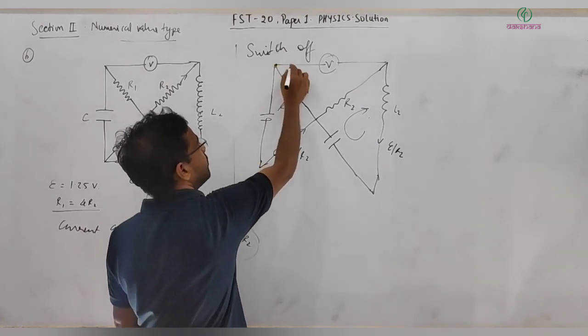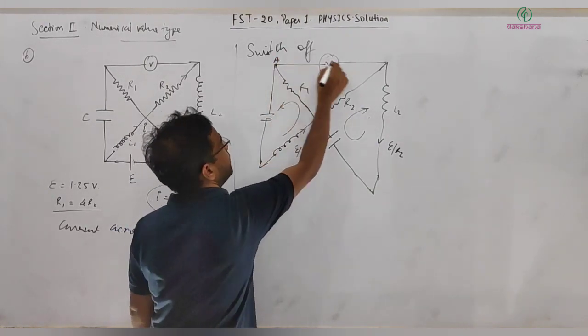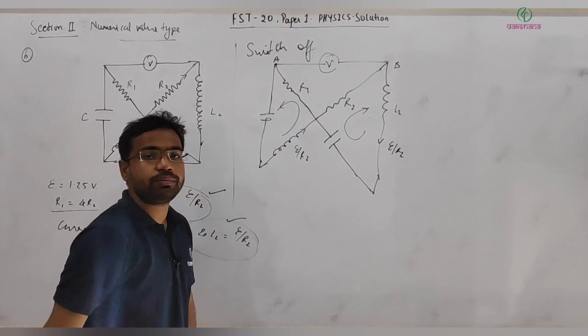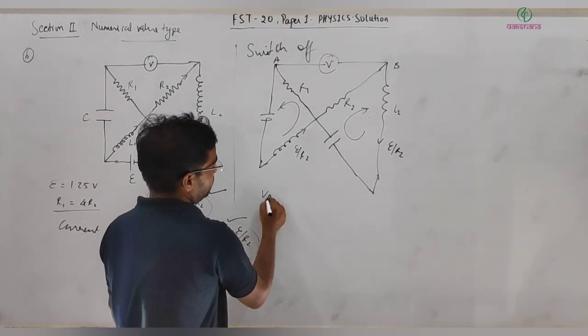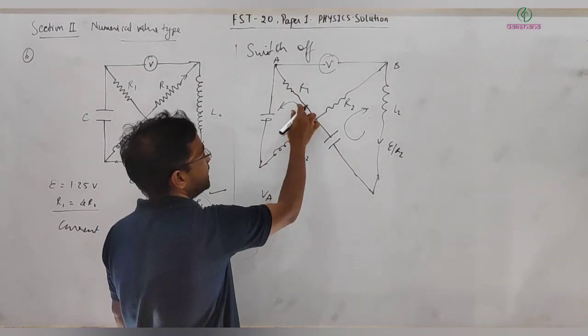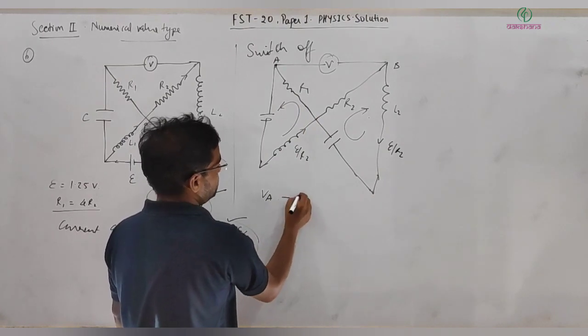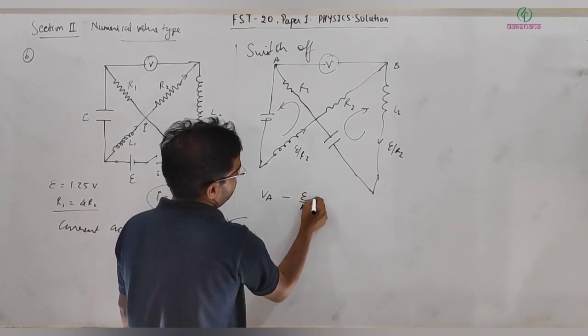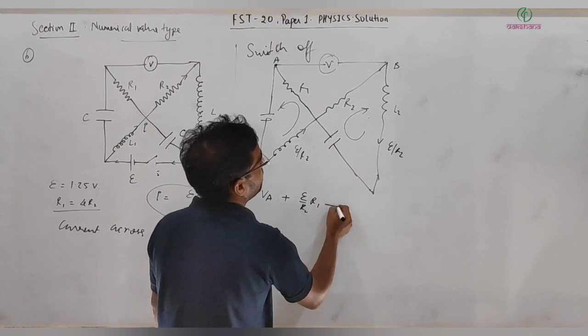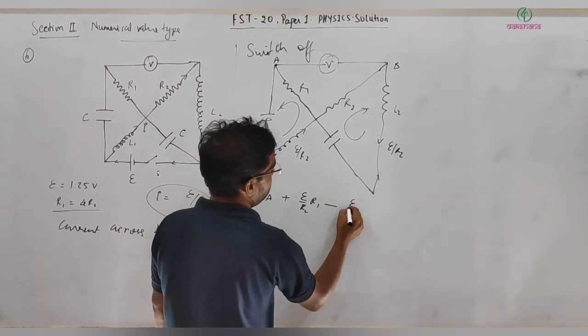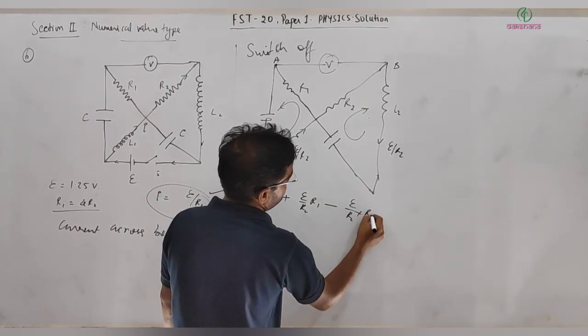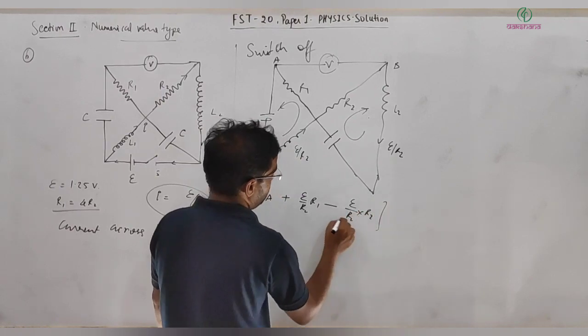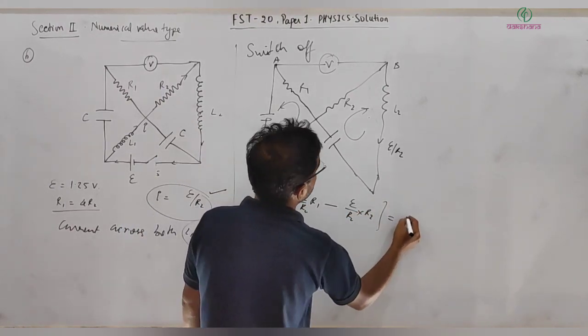So now the potential drop across these two terminals, if I take A and B, will be the reading of the voltmeter. So VA minus, if I am going in the direction opposite to the current, then it will be minus E by R2 into R1, basically plus, and this in the direction of current, so E by R2 into R2, this whole, equal to VB.